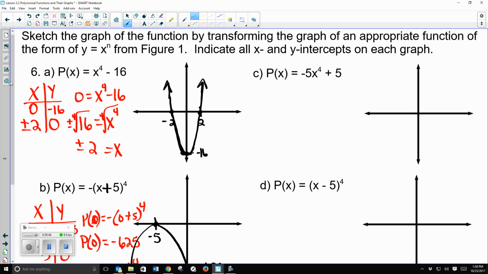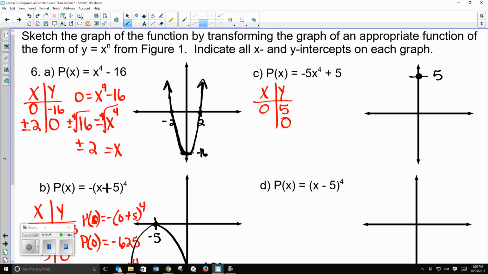Where's the vertex on that one? So I'll say like up 5. So should it be here? Yes. On x and y intercepts? I put 0 in for x, what do I get? Negative 5.